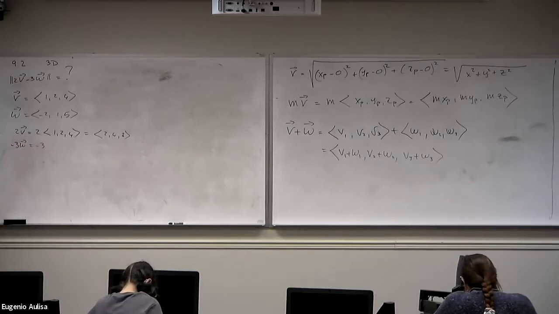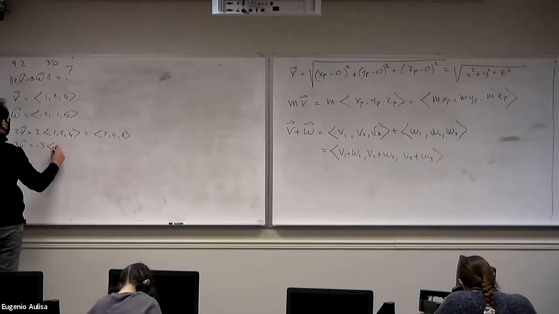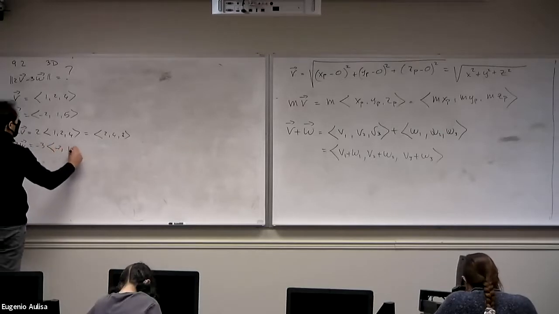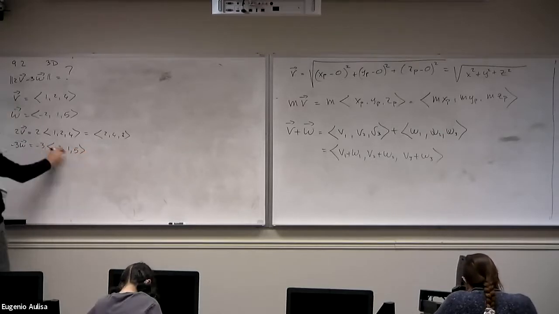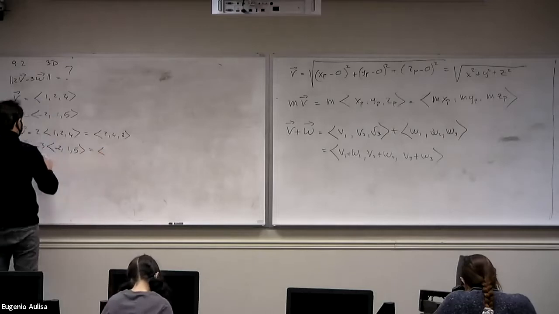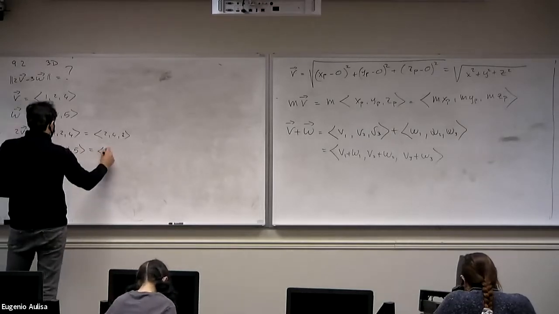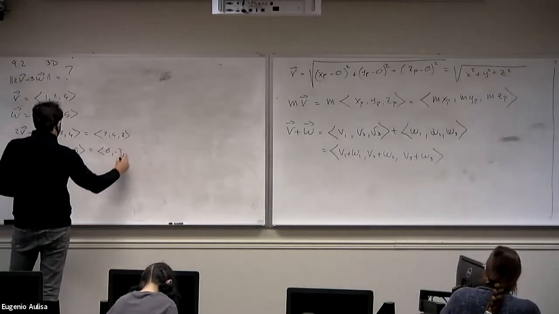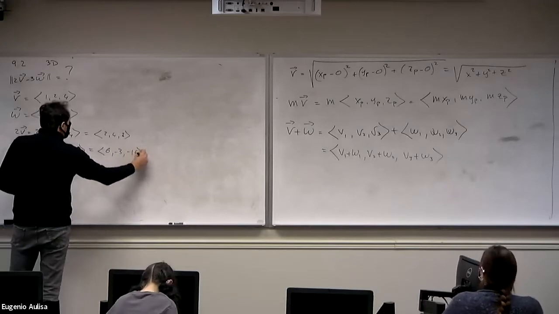So we multiply the vector w times negative 3. So we distribute negative 3 inside w. So in this case, it's going to be 6, negative 3, negative 15.